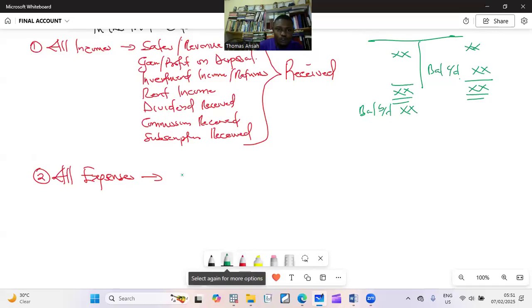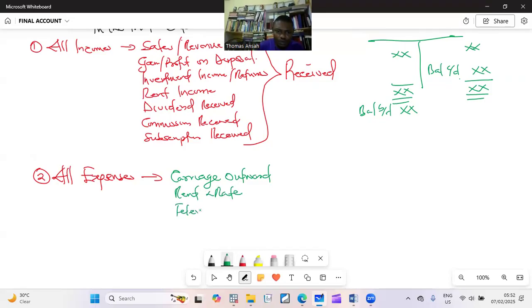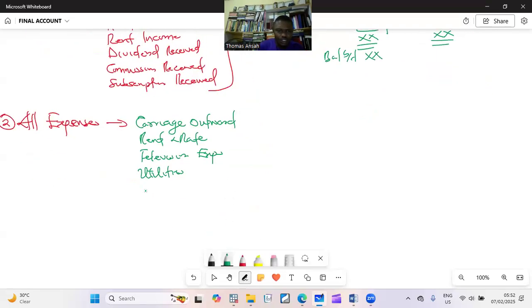All forms of expenses are also already paid. So let's write some examples so that people will know that these are all expenses. Rent and rates, television expense, utilities. Wages and salaries, they are many. I can't list them all.